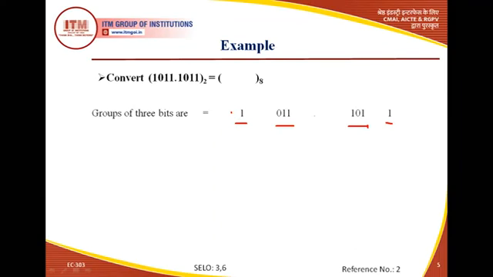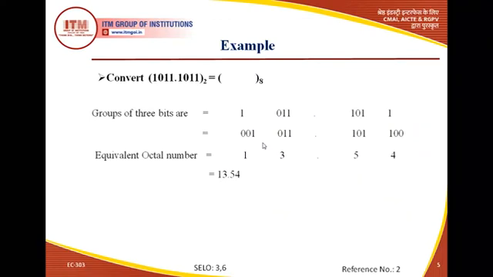We add the 0s here because writing 5 or 05, things are the same. Similarly, in the fractional part we add 0s on the right-hand side, because 0.5 or 0.50 both have the same value. In such a manner we can make groups of 3 bits: 001, 011, 101 and 100.